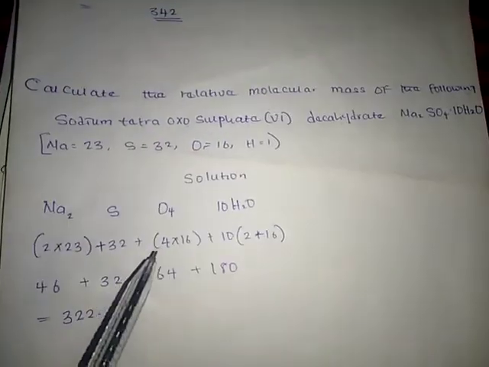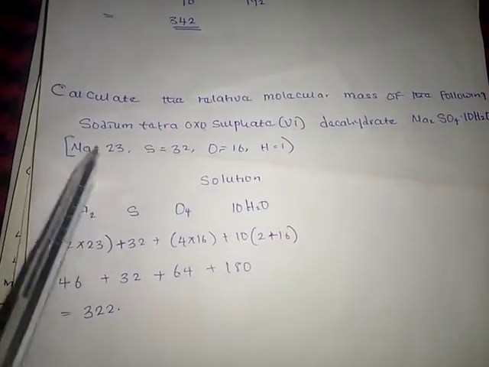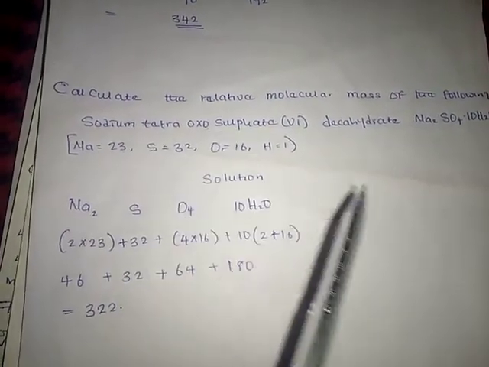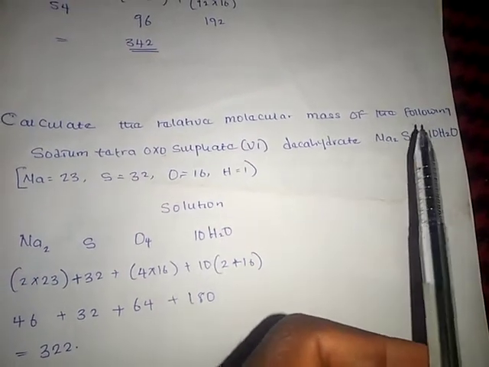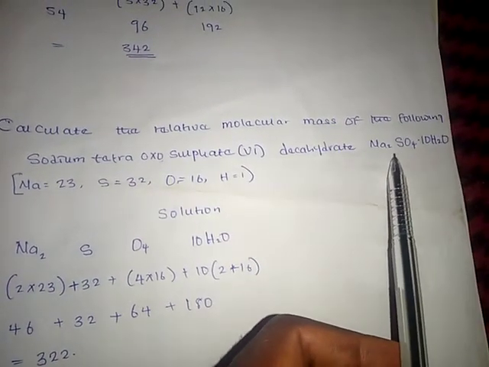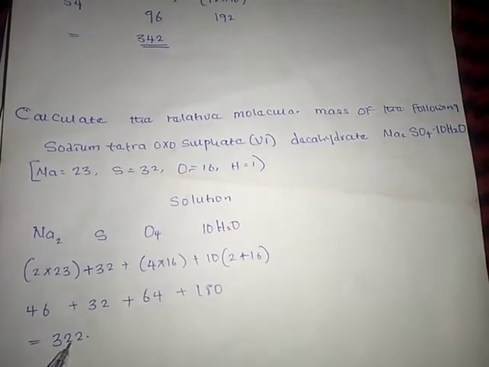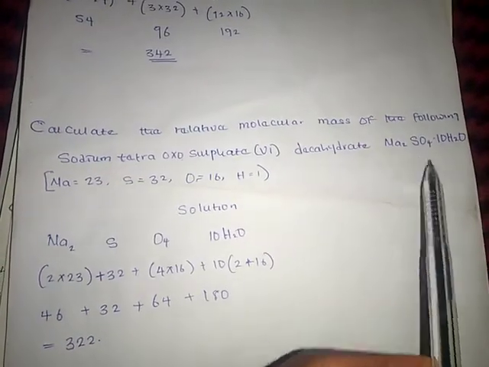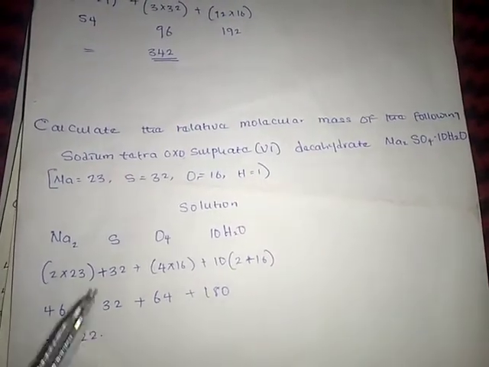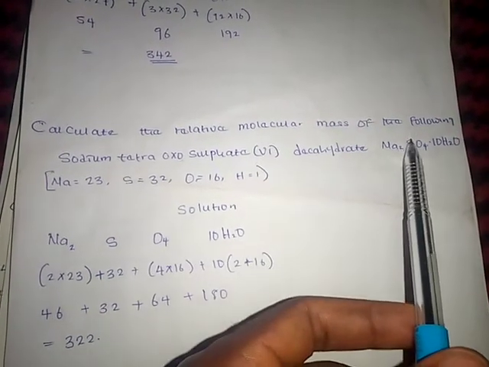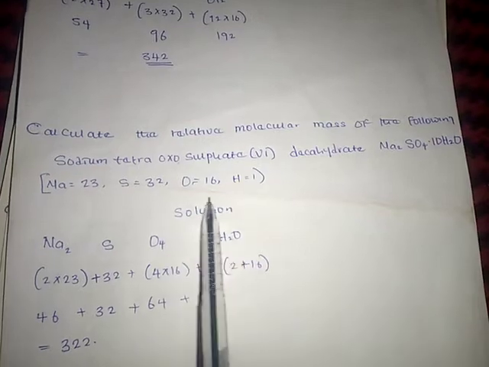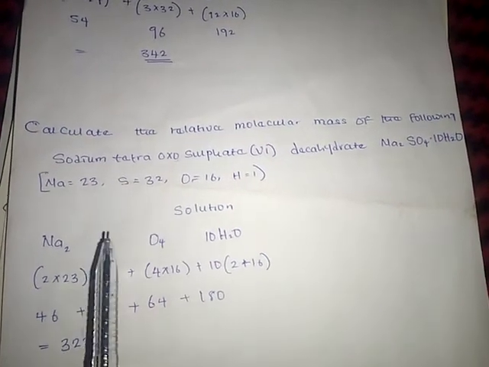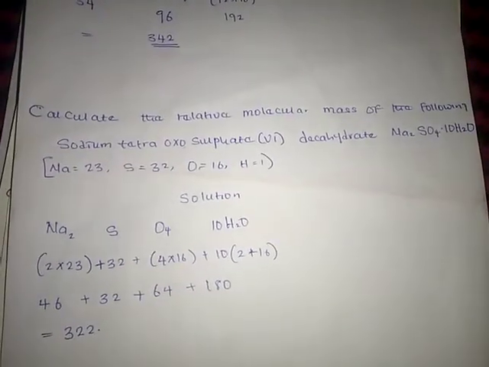The same approach applies to this one. So make sure that you write the formula correctly. If you did not get this correctly, your answer would be very wrong. So get this correctly, and then multiply it by the individual atomic masses given to you. This is how to find the relative molecular mass.